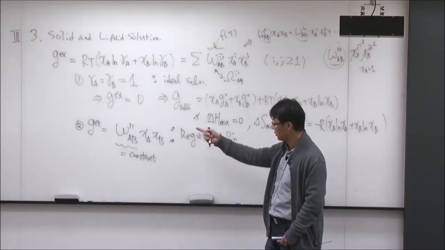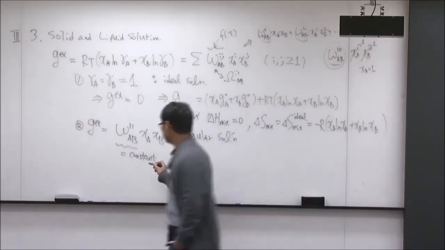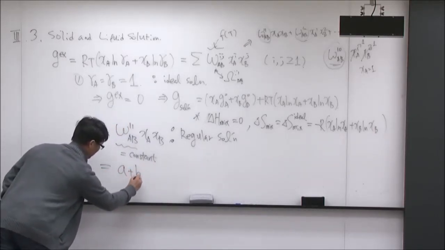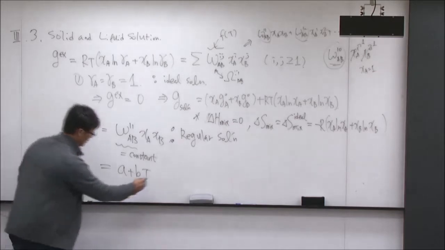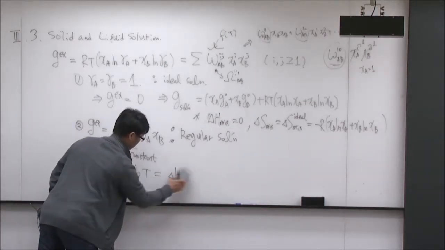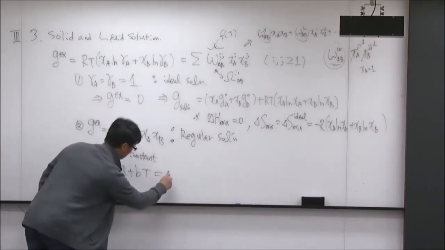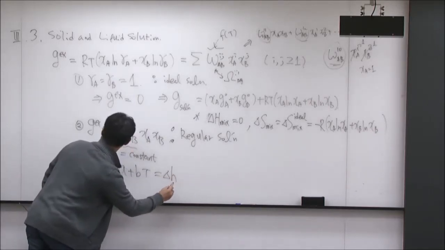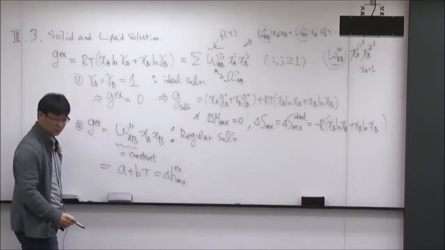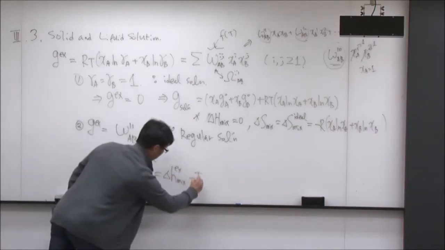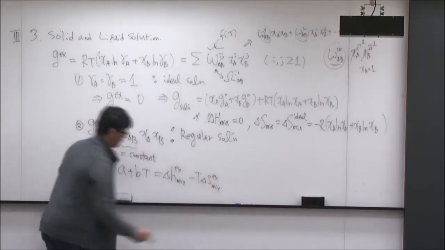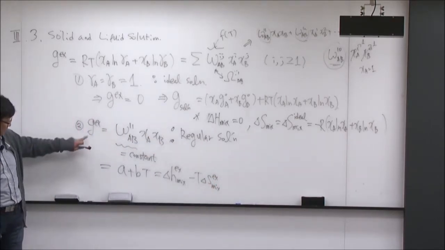So Gxs should be A plus, for example, B times T, and this is basically delta H of mixing, excess mixing, minus T delta S of excess mixing term, because it's Gibbs energy.